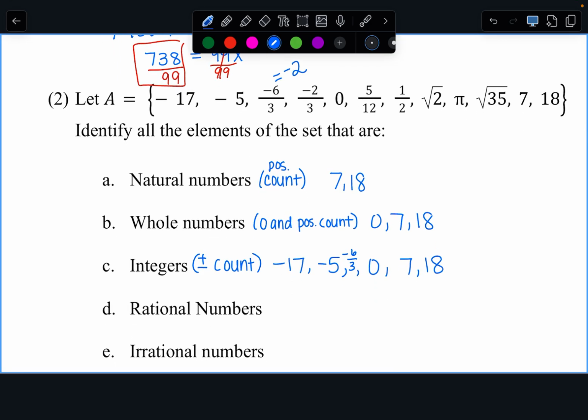Rational. These are fractions, repeating decimals, decimals that end, and integers.